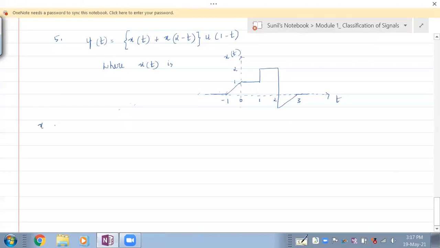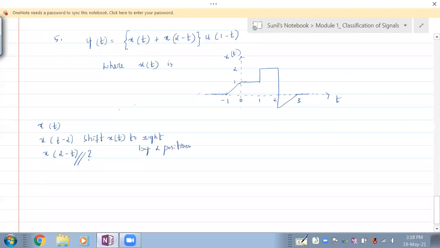Now see here, x of t is understood. x of t minus 2 is understood. This is a shifting operation: shift x of t to the right by 2 positions.